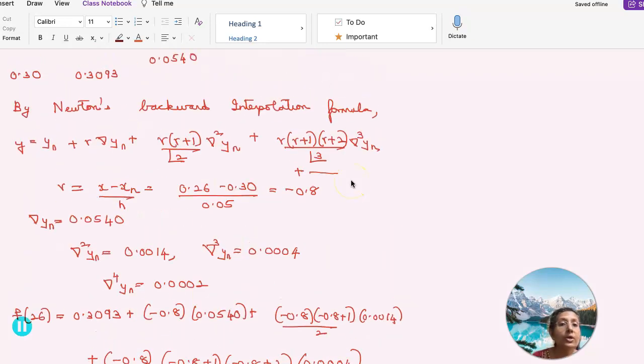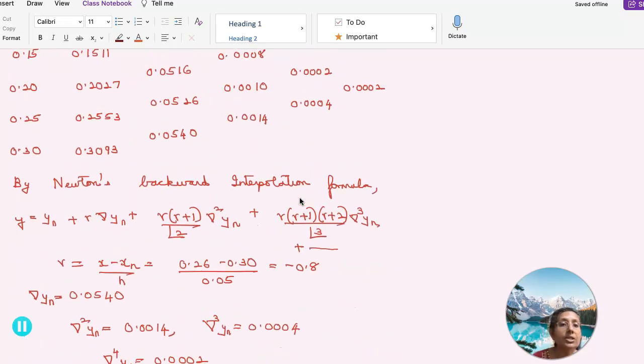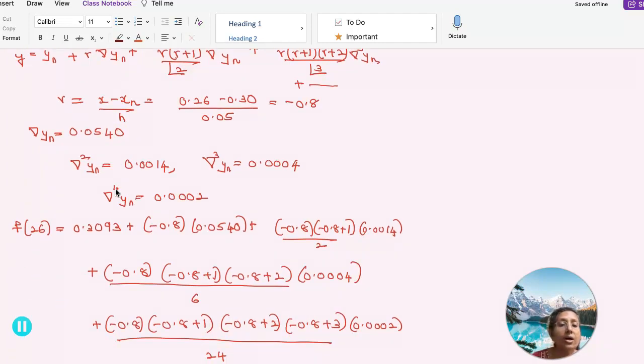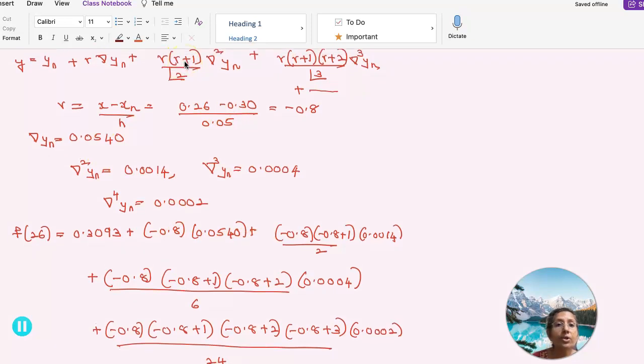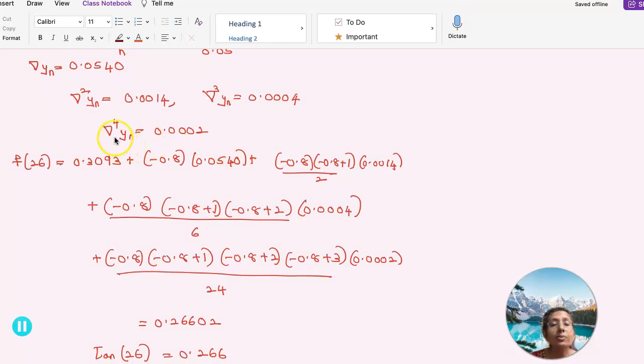You have these values, so you get yn is 0.3093, that is yn, and you have r is minus 0.8 into del yn, which is 0.0540, plus r into (r plus 1) by 2 factorial, that is minus 0.8 into (minus 0.8 plus 1) by 2, del squared yn is 0.0014, plus minus 0.8 into (minus 0.8 plus 1) into (minus 0.8 plus 2) by 6 into del cubed yn is 0.0004, and then you have r into (r plus 1) (r plus 2) (r plus 3) into del raised to 4 yn, which is 0.0002, by 4 factorial, which is 24, and we stop here because we don't have values beyond del raised to 4 yn.